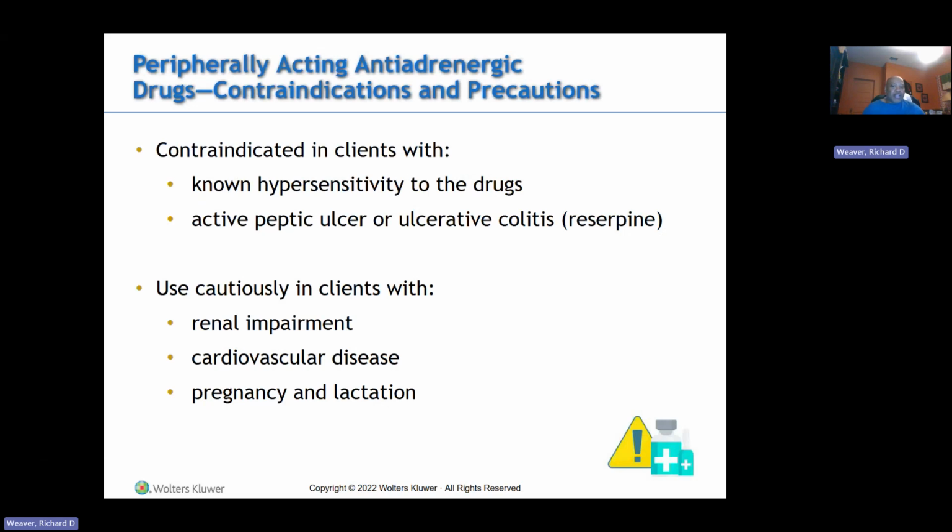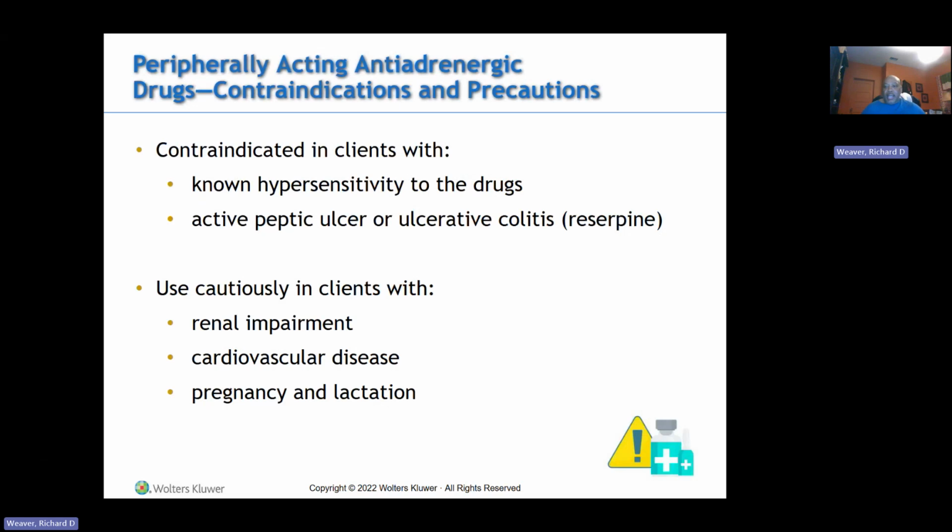So it works by depleting that particular catecholamine from the nerve endings, and this can result in a decrease in gastric motility, right? So the bowels are not really moving, and it also causes an increase in gastric acid secretions. And of course, this can worsen the symptoms of a peptic ulcer that is already there.